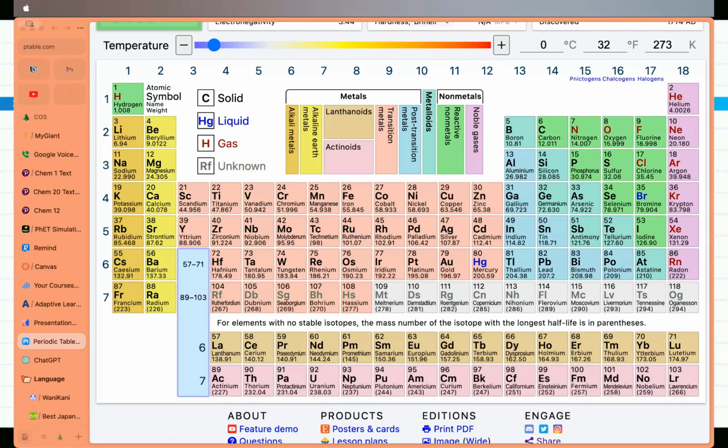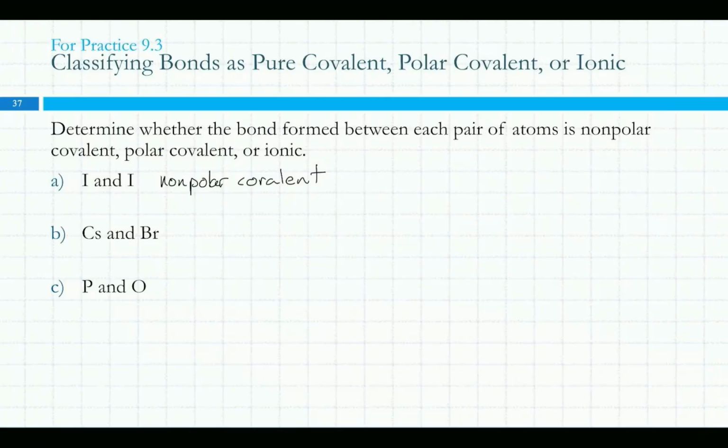We've got a metal, and then we've got bromine, which is a non-metal, all the way over here. So we can make a pretty good guess at how big of an electronegativity difference that's going to be. Pretty big. Big enough to be ionic. Cesium bromide is an ionic compound. So that's another way you can look at these: oh, it's a metal and a non-metal, so this would be an ionic bond.